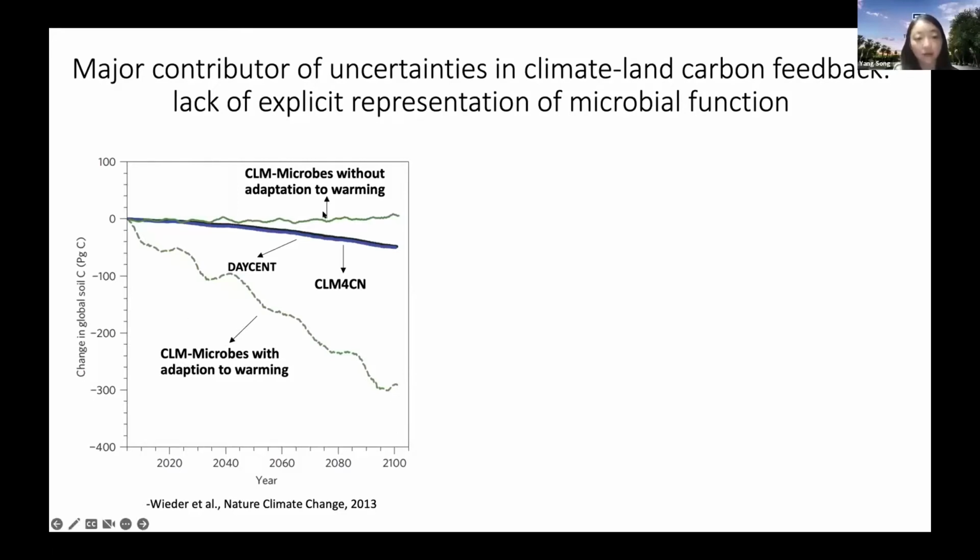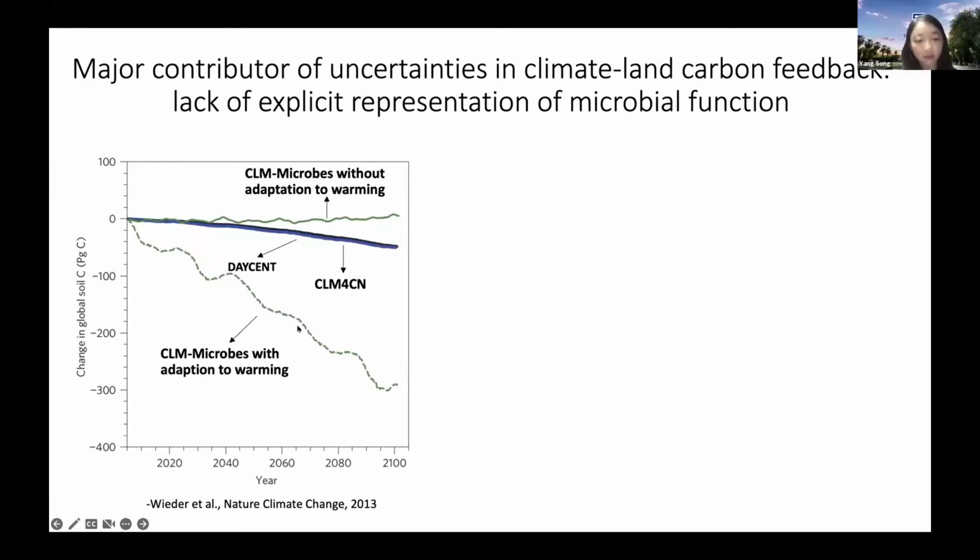Then there are these two models, the CMAX without adaptation to warming. Basically, they already use the Michaelis-Menten equation to represent microbes in the Earth system model, but they have not considered whether climate change will affect carbon use efficiency or any kind of microbial feedback.